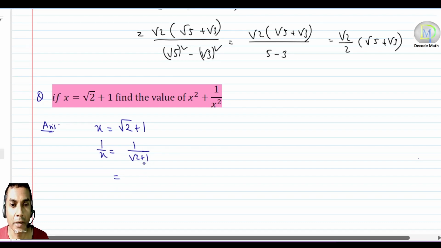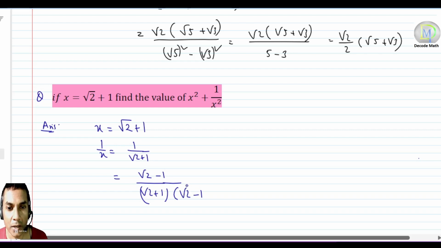Now we can rationalize this denominator. How can you do that? Already I told you that you have to find the conjugate of the denominator. This is the irrational number. The conjugate is root 2 minus 1, and we multiply both numerator and denominator by root 2 minus 1.